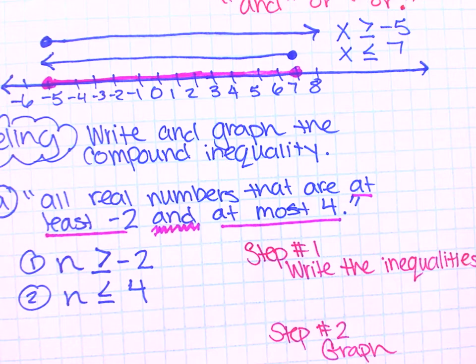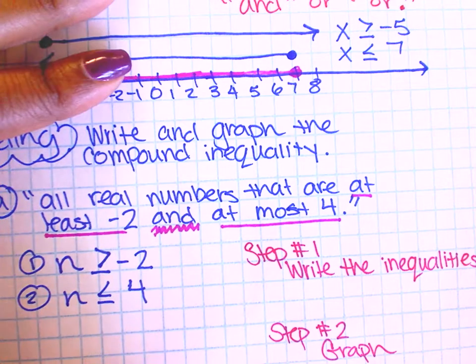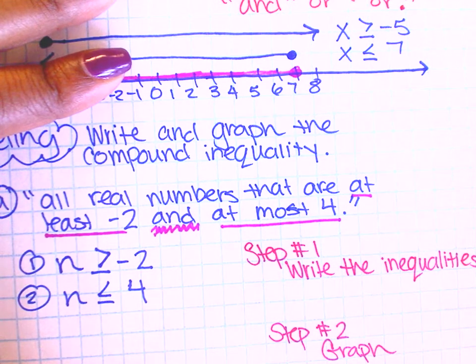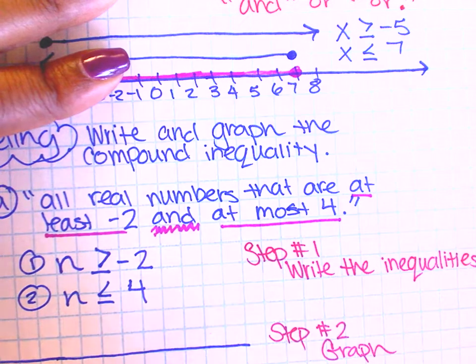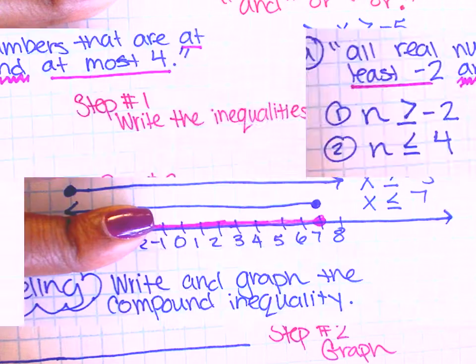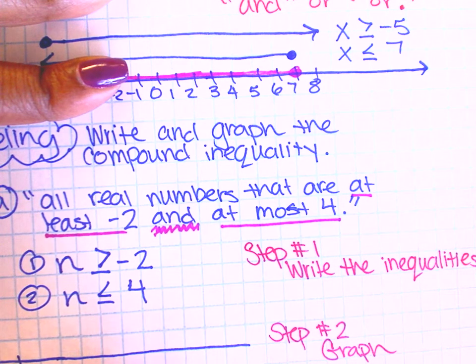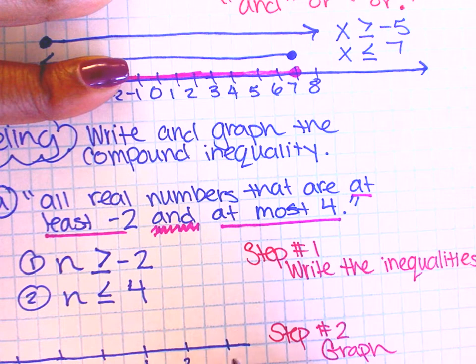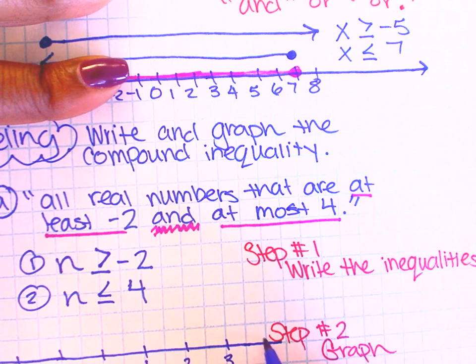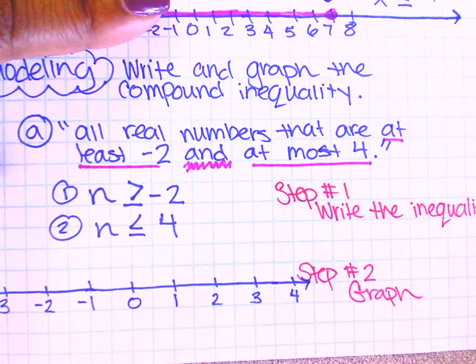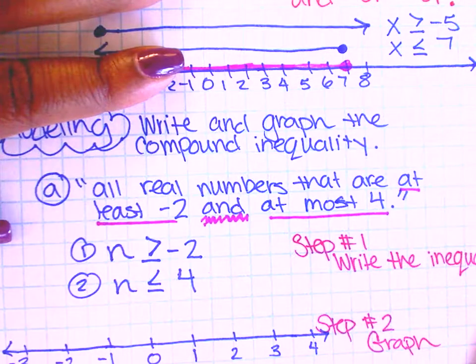So I know that I'm going to graph between -3 and 4, so I'm going to draw my line. I'm going to label -3, -2, -1, 0, 1, 2, 3, 4. So there's my graph.